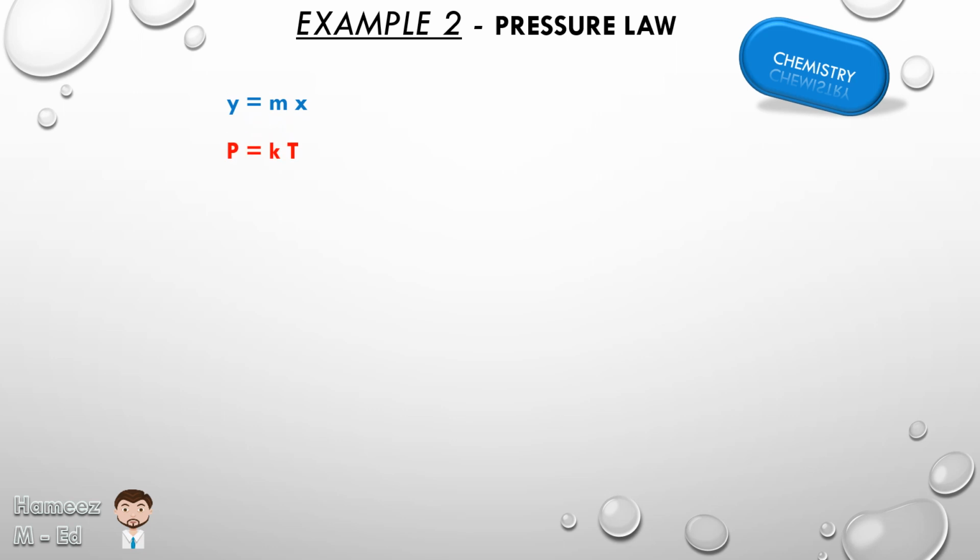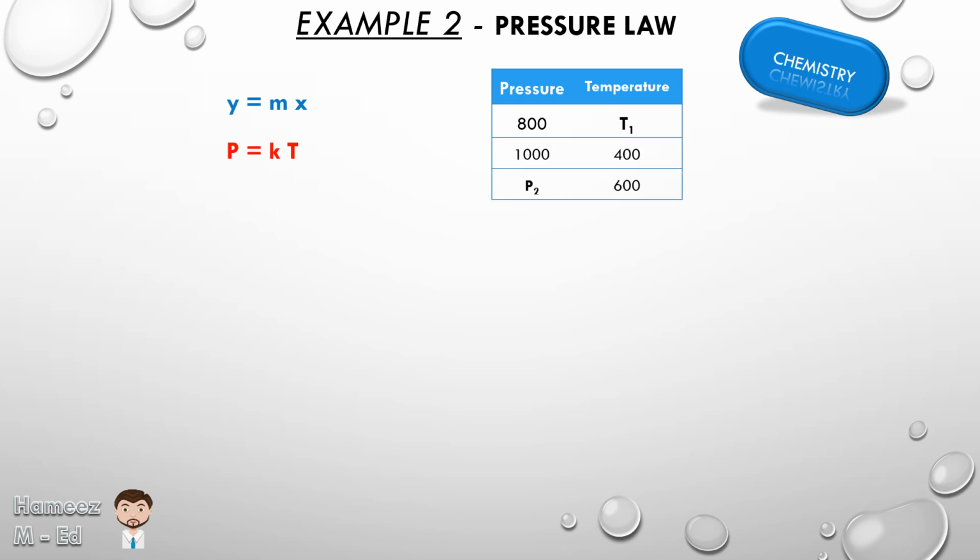So p is equal to kt, where p is for pressure and t is for temperature, and k is our constant. Now we have 3 unknowns here, and if we look at the center values, we are given p and t. Since we know p and t, we can now substitute into there to find k, the constant.